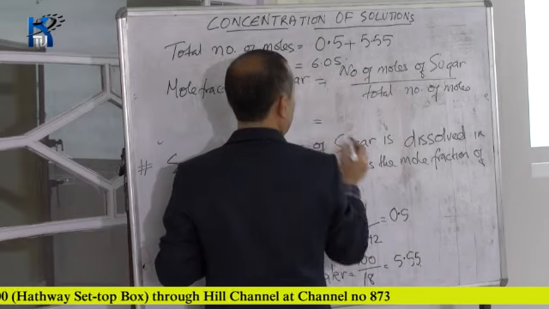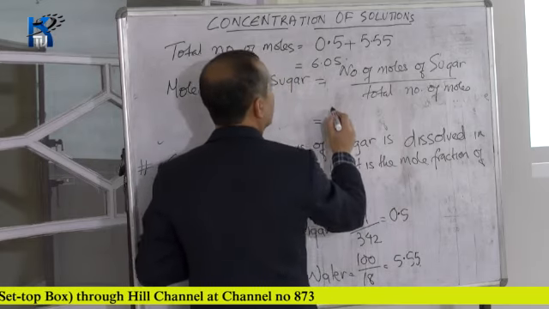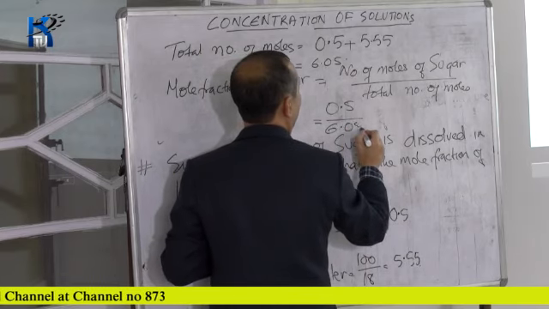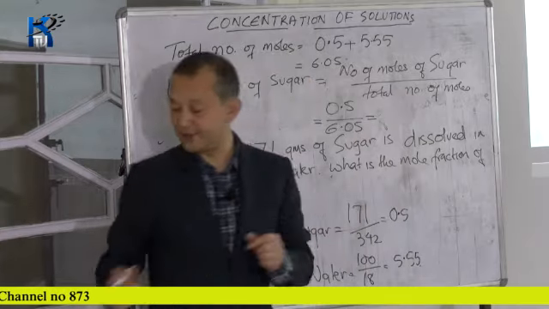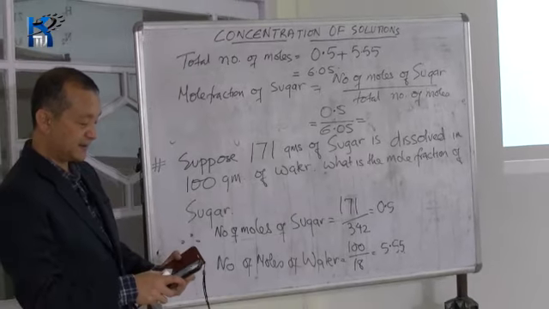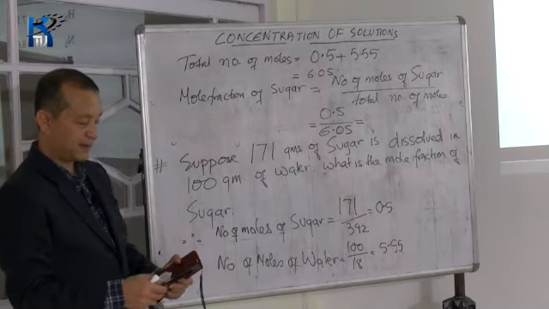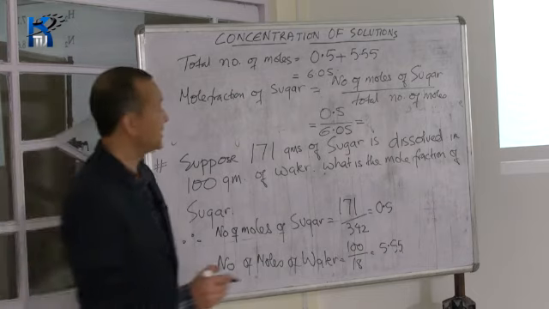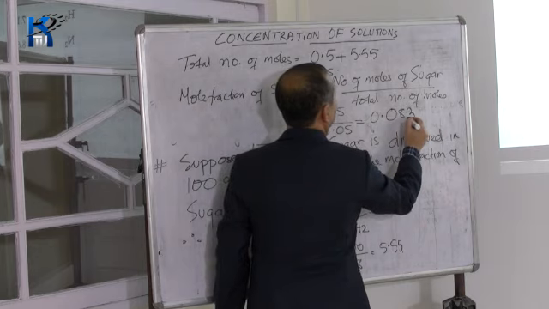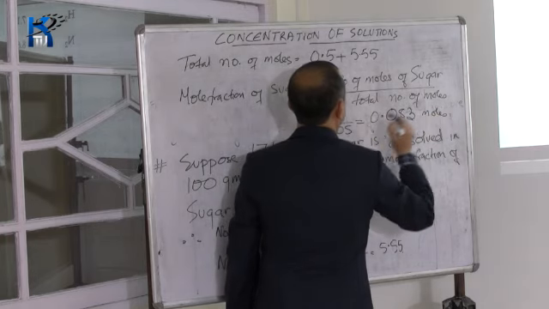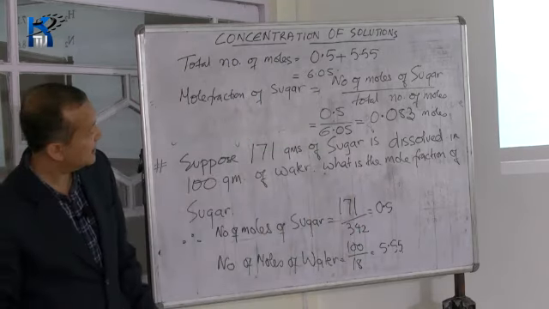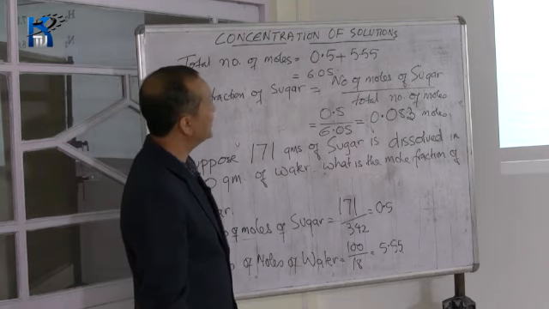This is equal to 0.5 divided by 6.05. Let me do this calculation. 0.5 divided by 6.05. The answer is approximately 0.083.